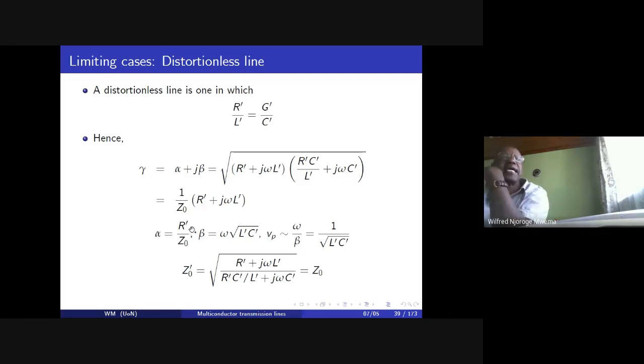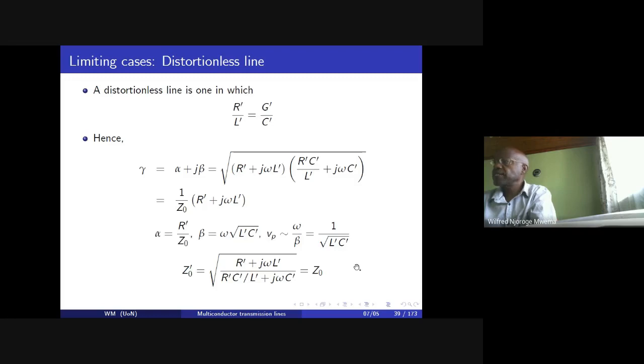Now, what you have to realize is that a distortionless line does not mean that it's not lossy. There will be a finite, non-zero attenuation constant for that line. But the phase propagation constant is a linear function of the frequency of the signal, and therefore all signals travel at the same speed, the phase speed Vp equal to 1 over root L prime C prime, which is a constant for the given line.